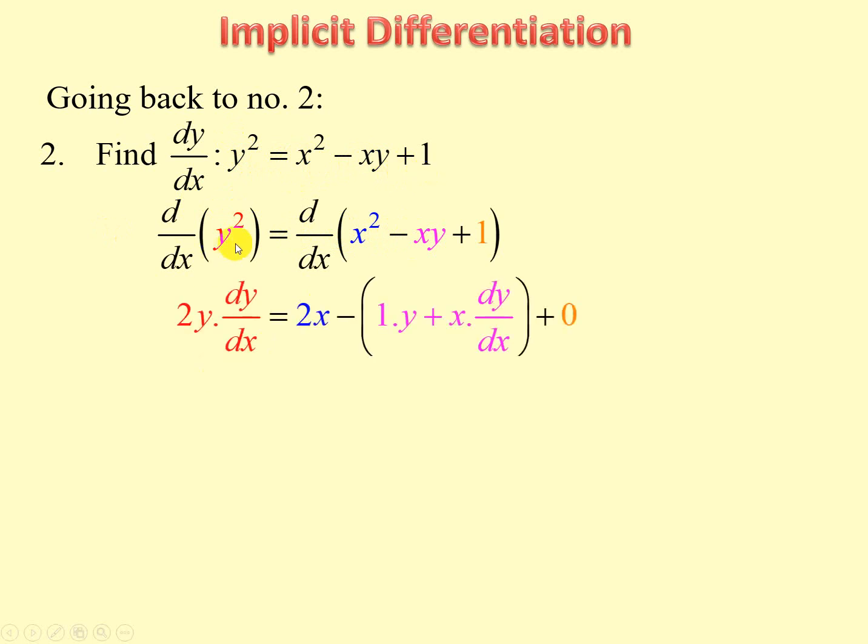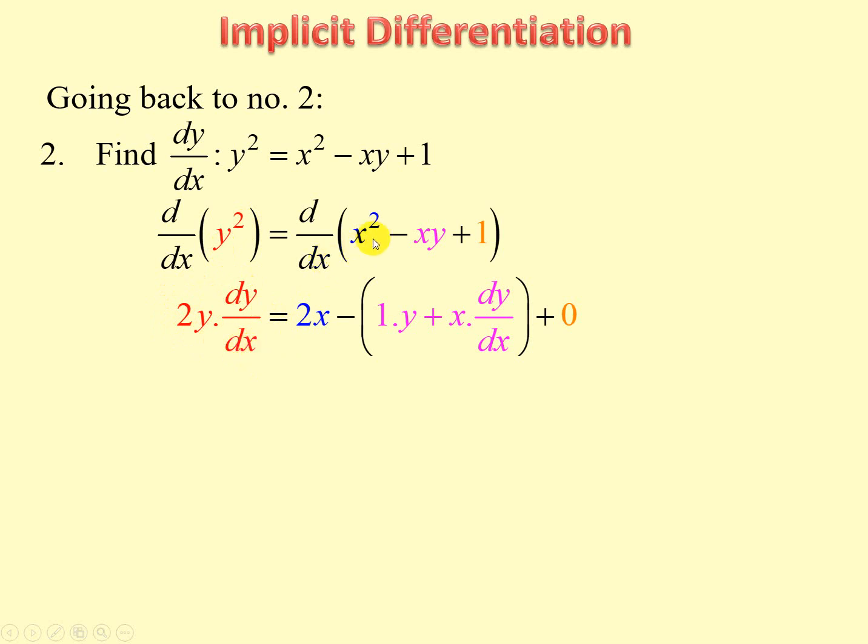So y squared differentiated by chain rule, outside function, something squared, so it's twice that something. Inside function y, so we differentiated dy by dx. Derivative of outside, 2y, times derivative of inside.